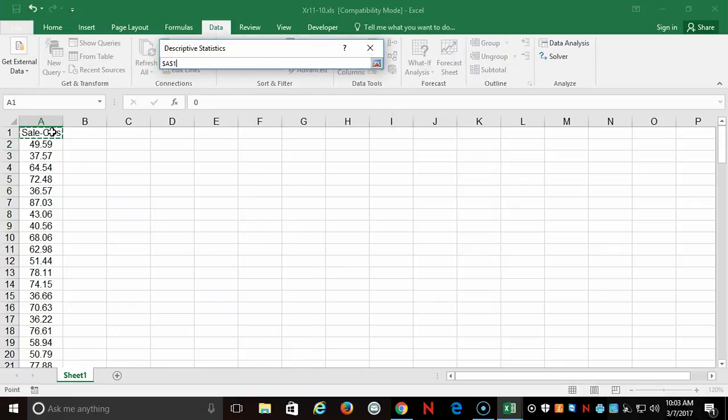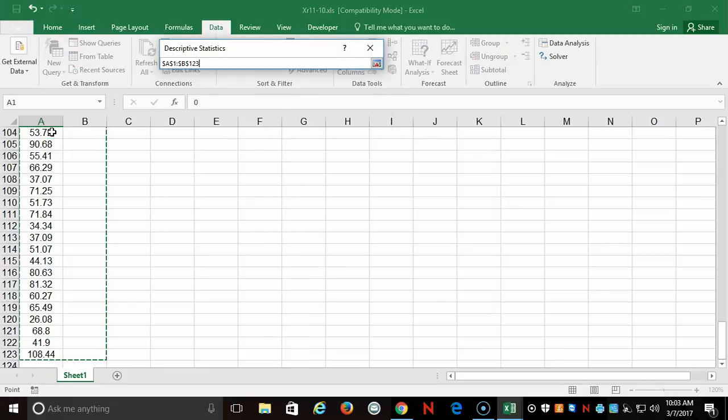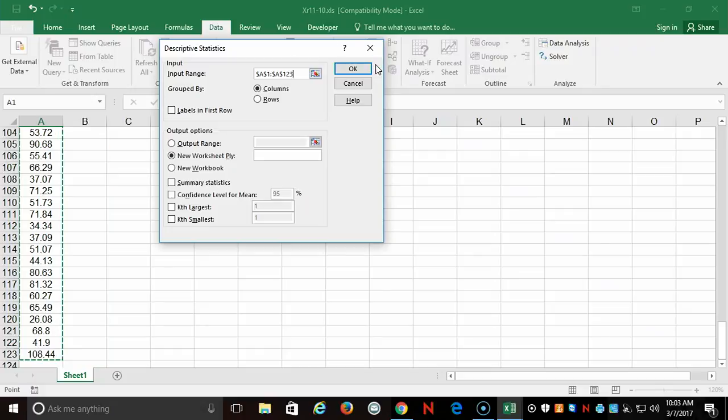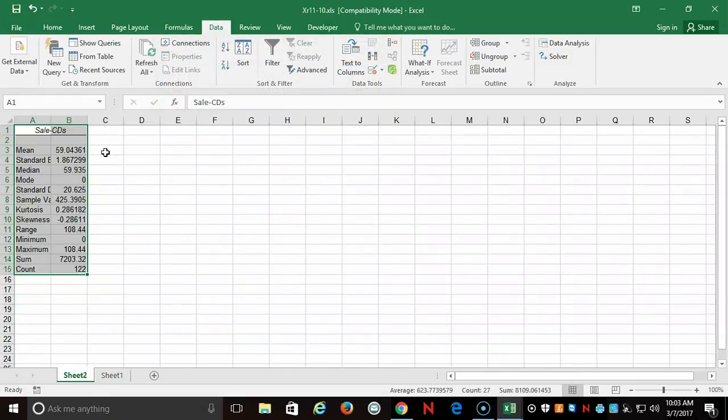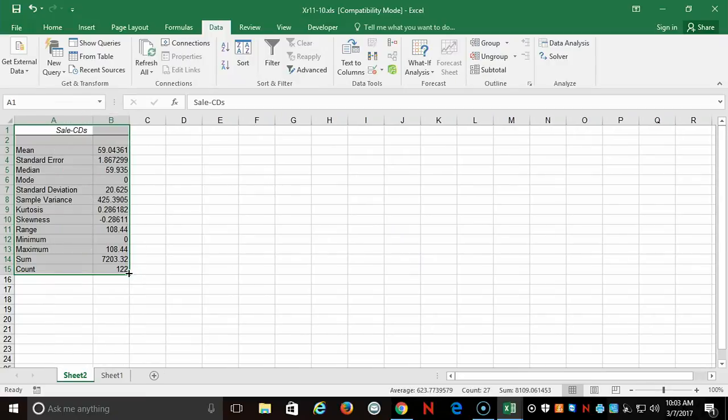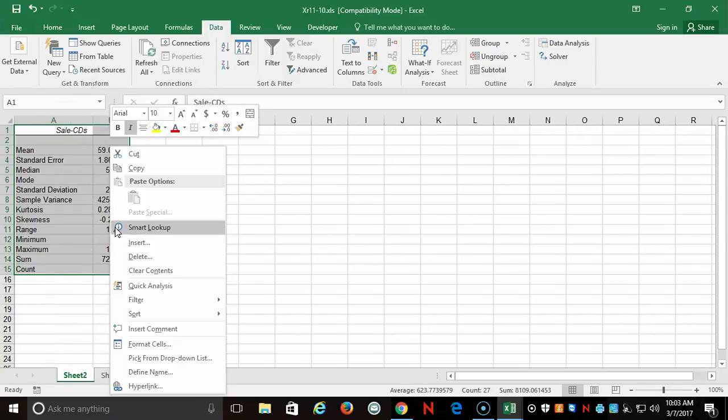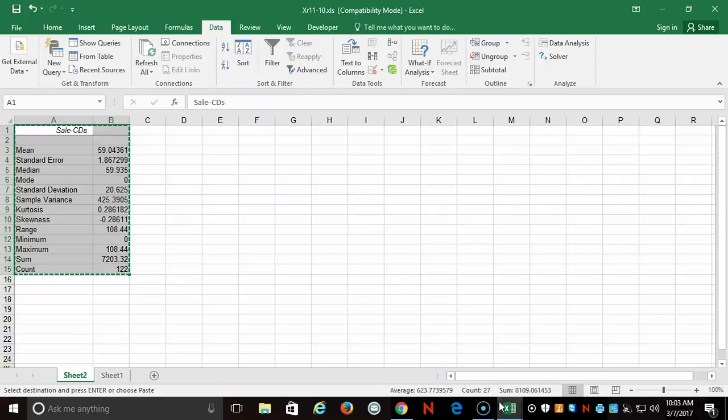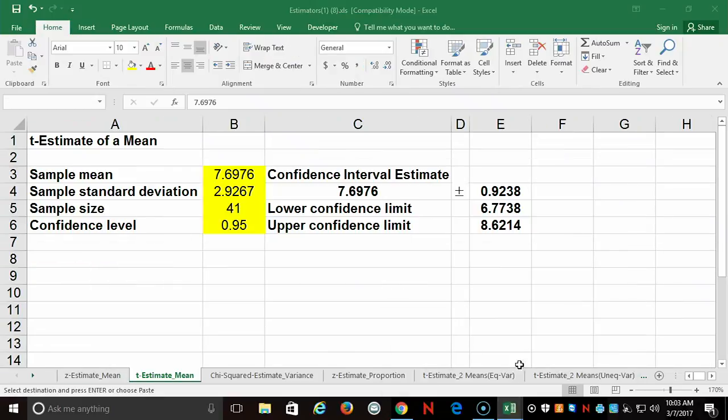My data is in A1 down to A123, grouped in columns. There are labels in the first row. I want a new worksheet ply. I want summary statistics. I click OK. It builds a little table for me. I'm going to copy that table over to estimators.